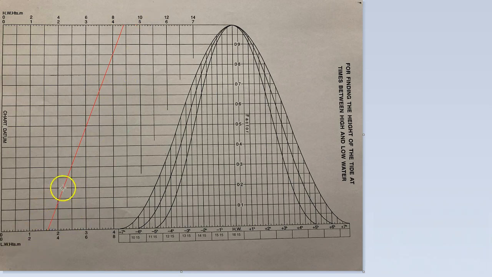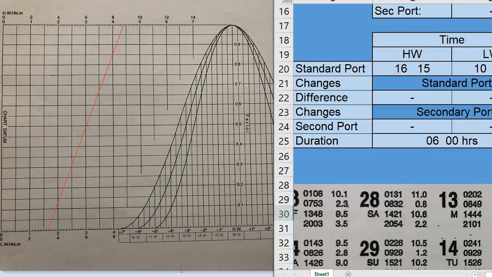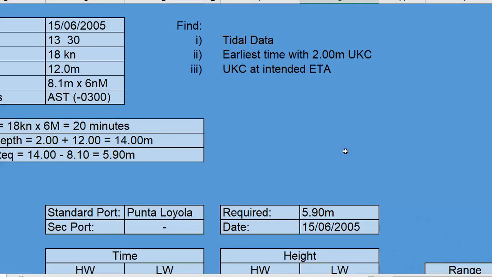Now this line will be our reference point. That is the range in height, the total tidal range in height, and this graph will be representing the tidal range in time. When we were dealing with the question, it basically asked us: what is the time difference that we need in order to get a 2 meter underkeel clearance?